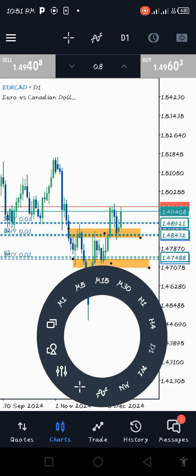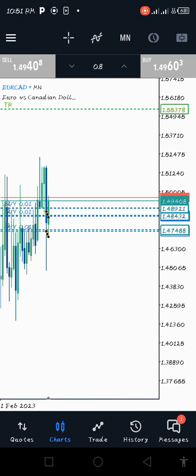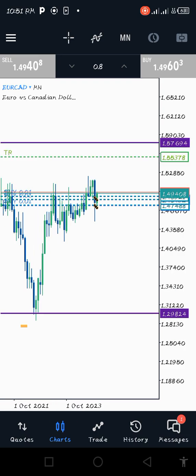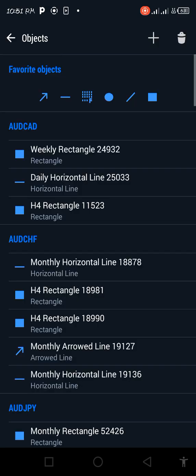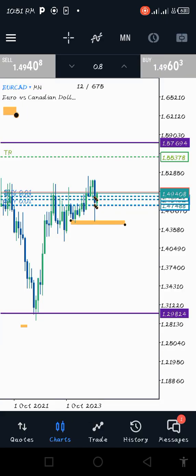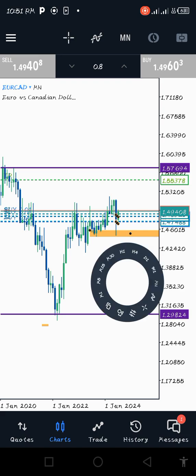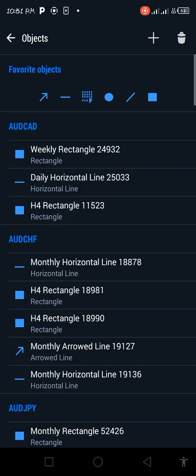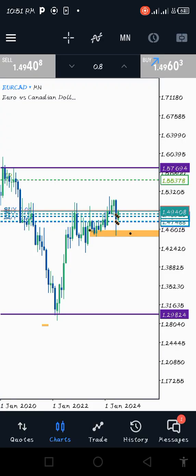This follows the fact that on the monthly time frame, price is pushing from a major zone, and it is a move that we can expect. Price to move from that part into that part. Why?